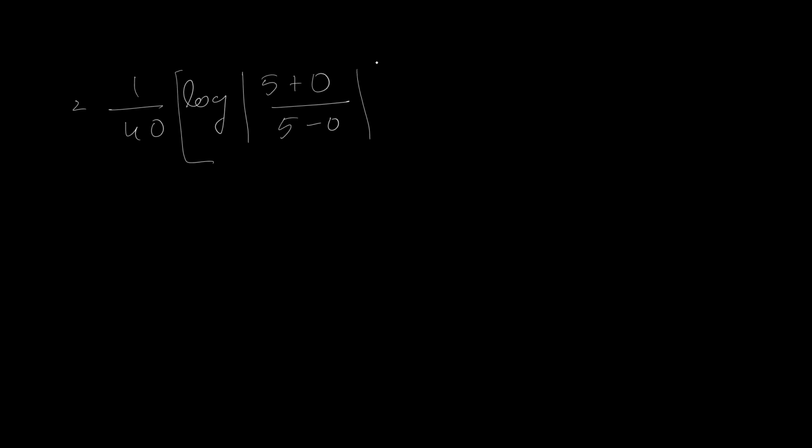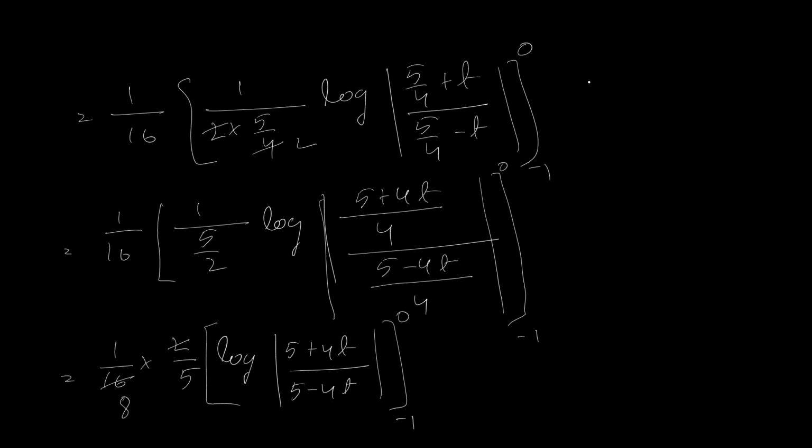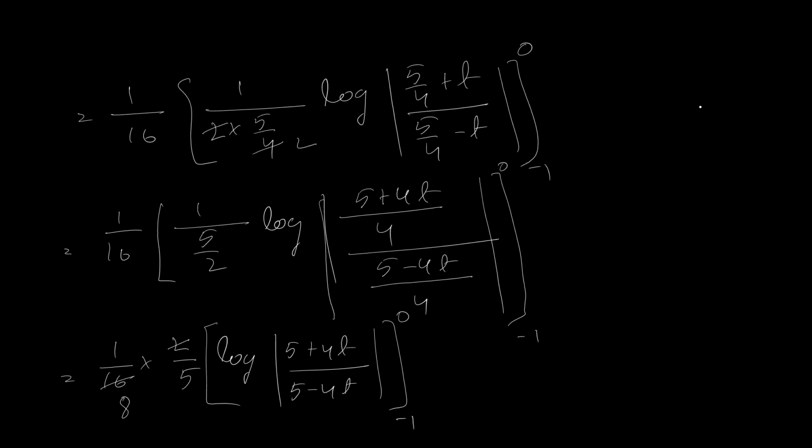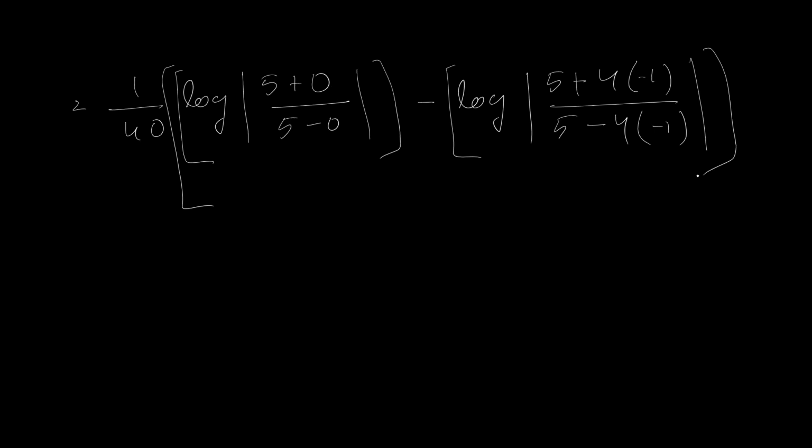Then for the lower limit, minus log of 5 minus 4 into minus 1, sorry this is plus, 5 plus 4. Then the bracket is closed.